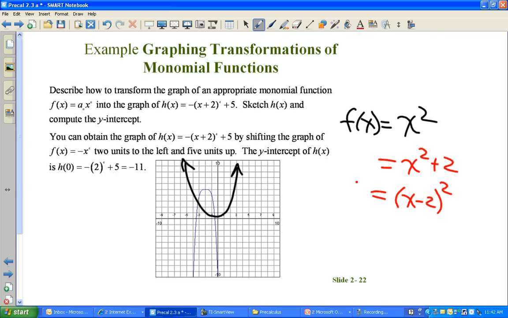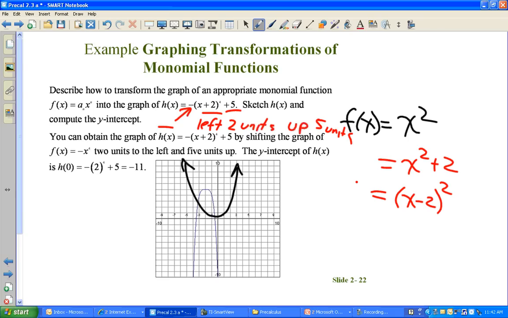And in this case, they have shifted it left 2 units because of the plus 2, up 5 units because of the 5, and then flipped it upside down, reflected it because of the minus sign.